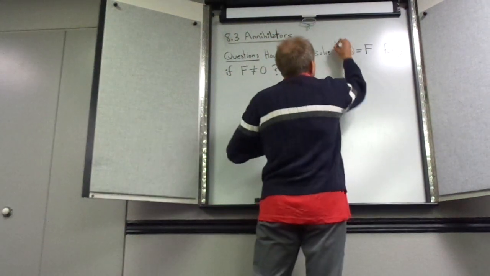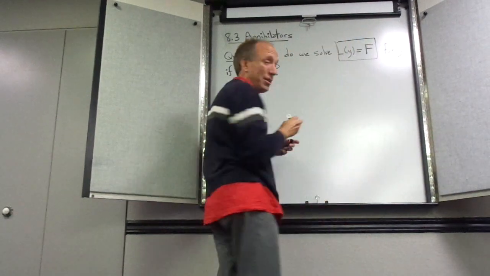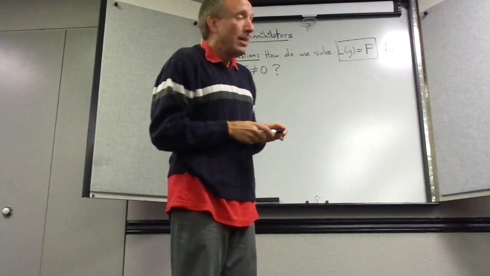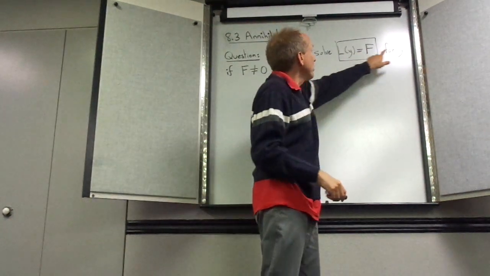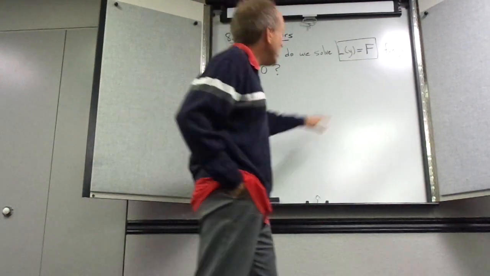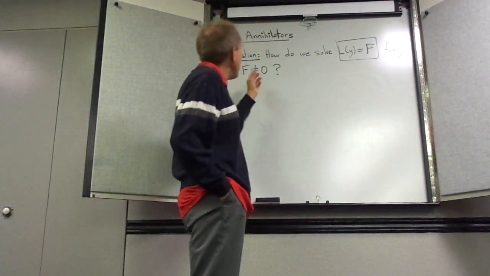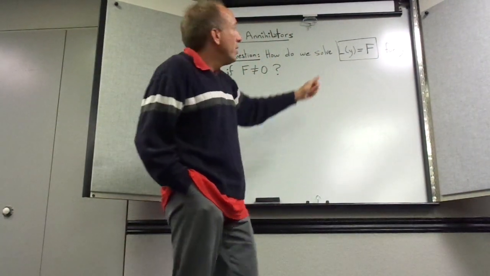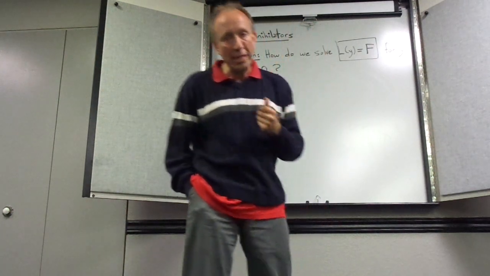This was our original differential equation at the start of chapter 8, and we're trying to solve, of course, for y. Y is the unknown function in this differential equation. But let's suppose now that f is not 0. The right-hand side is not 0 anymore.